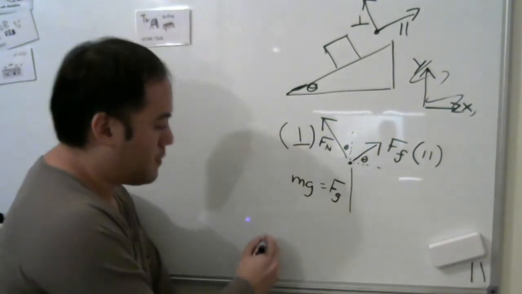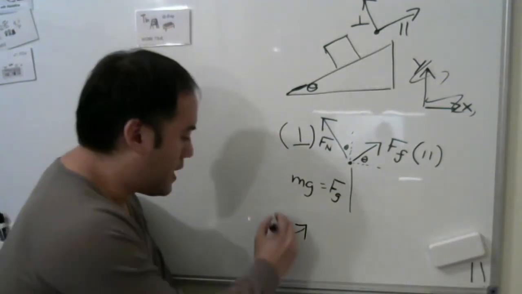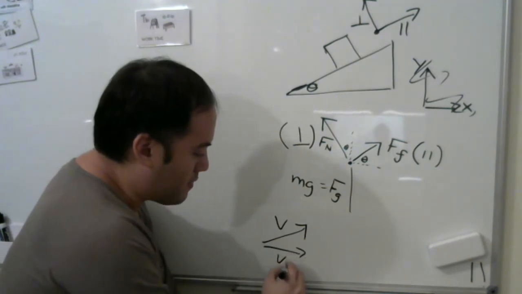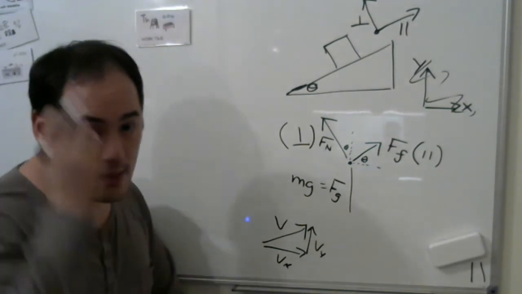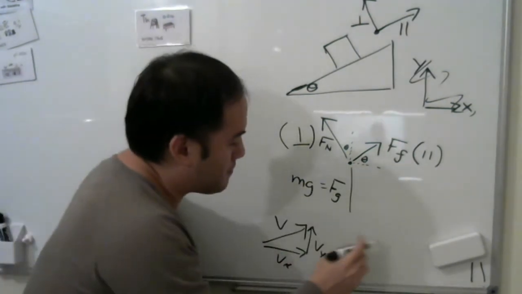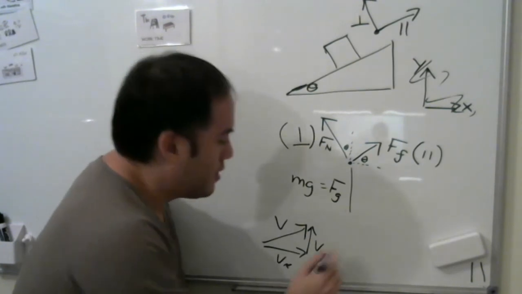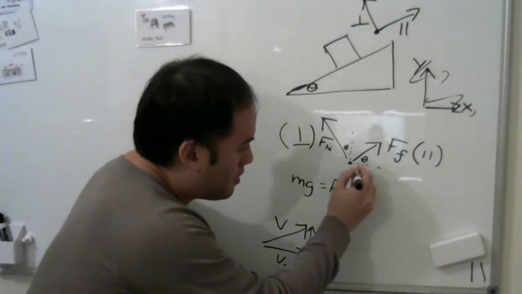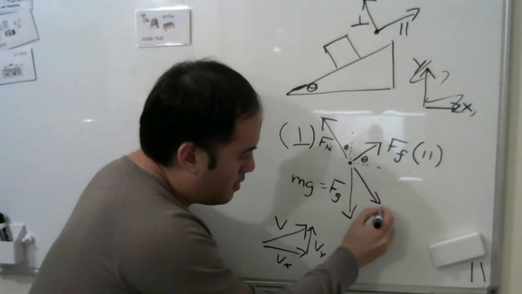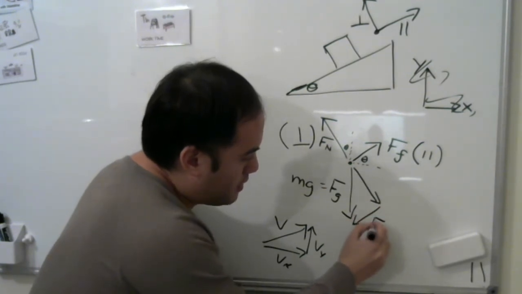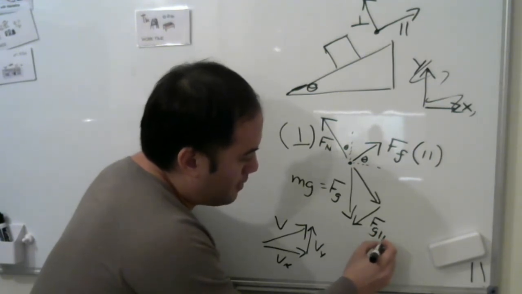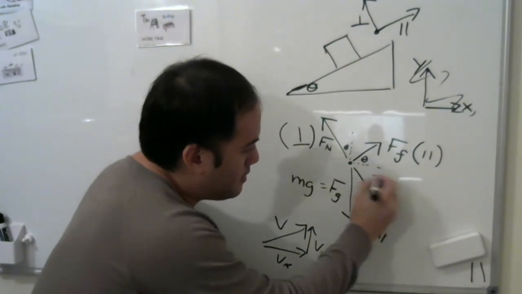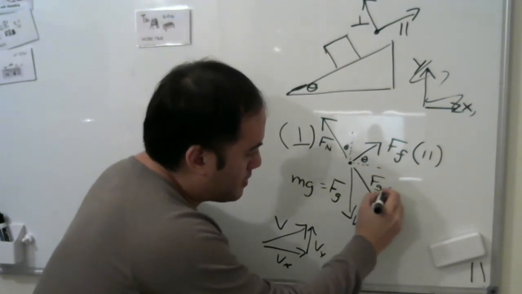Normally, like in the projectile problems, we have a velocity v, and we say, here's Vx, here's Vy. This is vector resolution. We're not going to do that with X and Y. We're going to do it with this. This is FG parallel, and this is FG perpendicular.